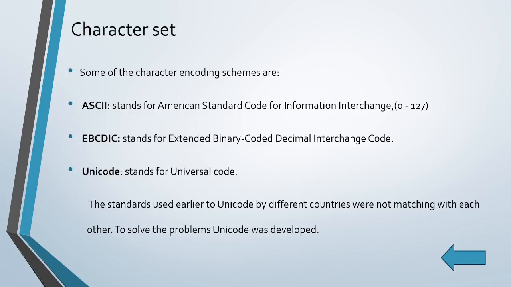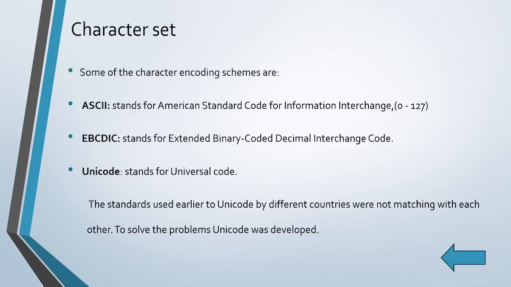ASCII stands for American Standard Code for Information Interchange, 0 to 127 characters, that is keyboard characters, and all the symbols, numbers, everything is given some number. So that binary numbers can be converted into the characters.